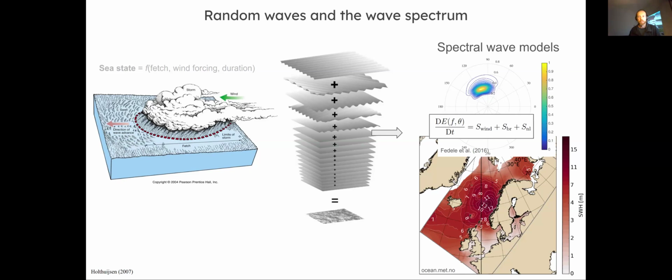And then there's also a third source term for nonlinear interactions that shuffle energy between high and low frequencies. At this moment, there's still quite a lot of research going on to fine-tune these source terms, and especially the wave breaking source term has quite a lot of uncertainty associated with it.